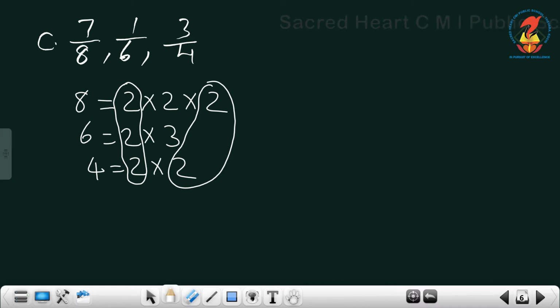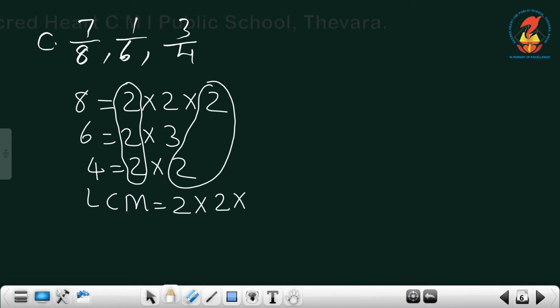And the balance also, right? We need to multiply the balance numbers also. So, LCM is what? LCM equals 2 into 2 into balance 2 into 3. Answer is what? 2 2s are 4, 4 2s are 8, 8 3s are 24. 24 is the LCM for 8, 6 and 4.